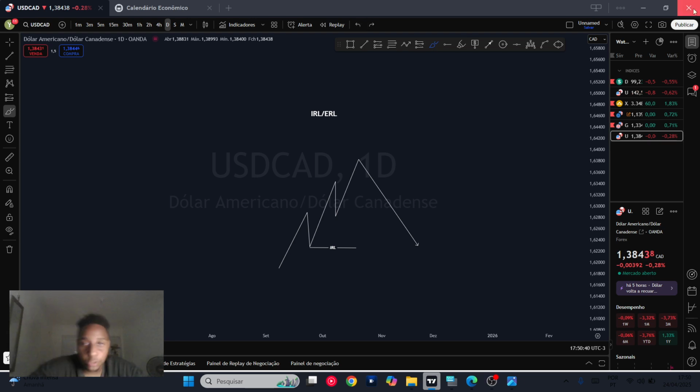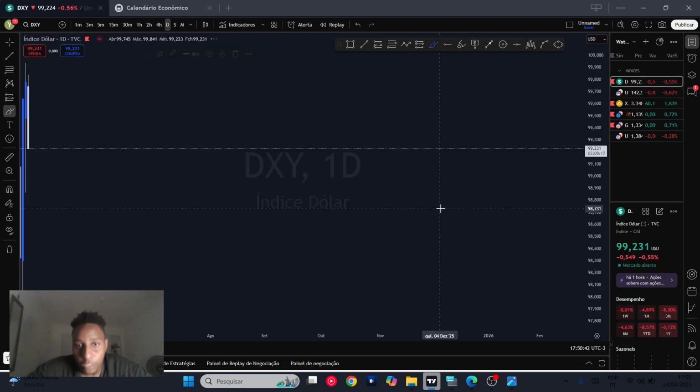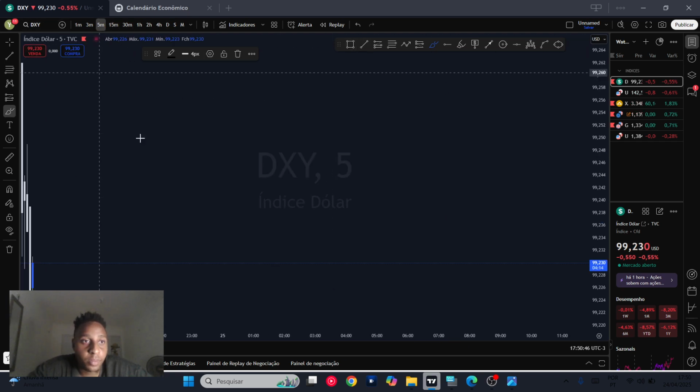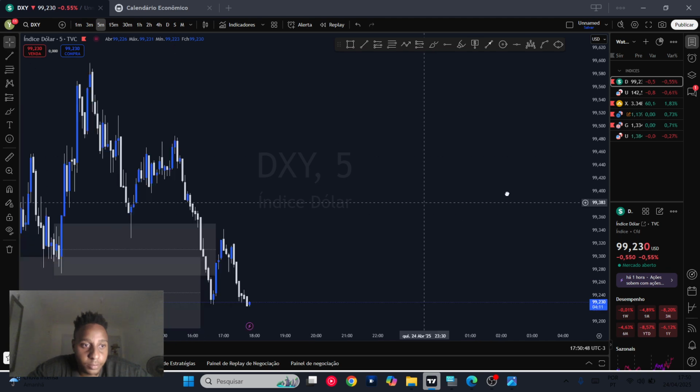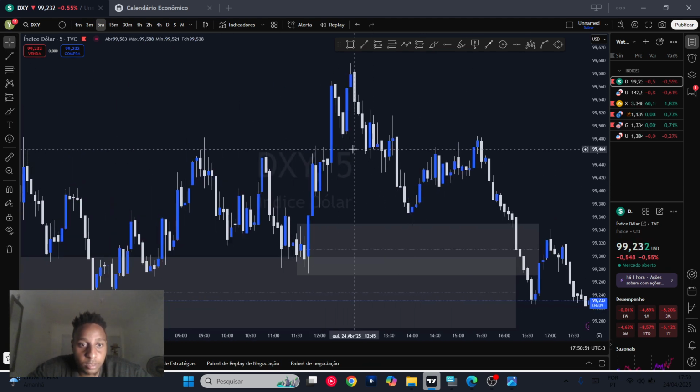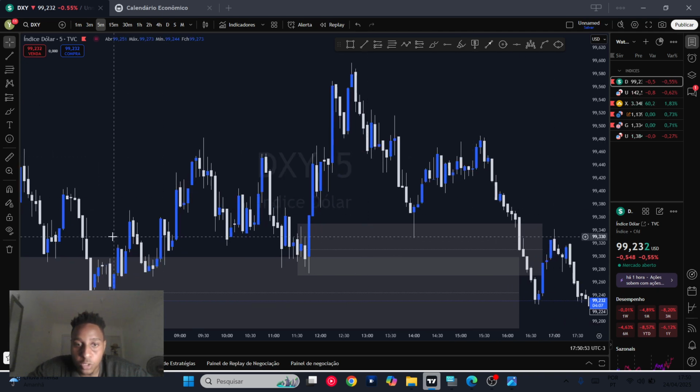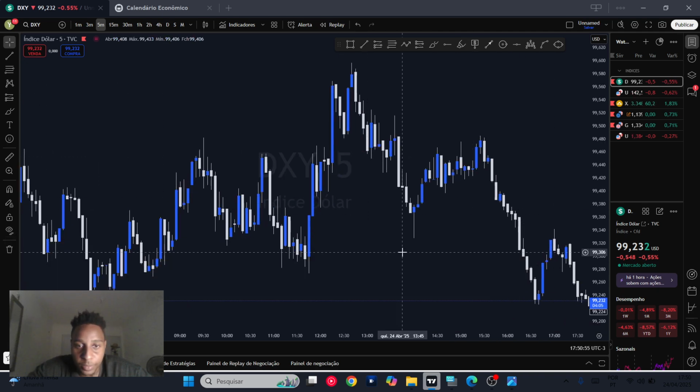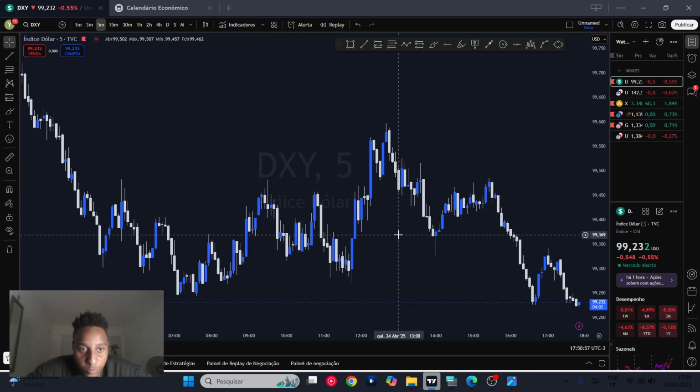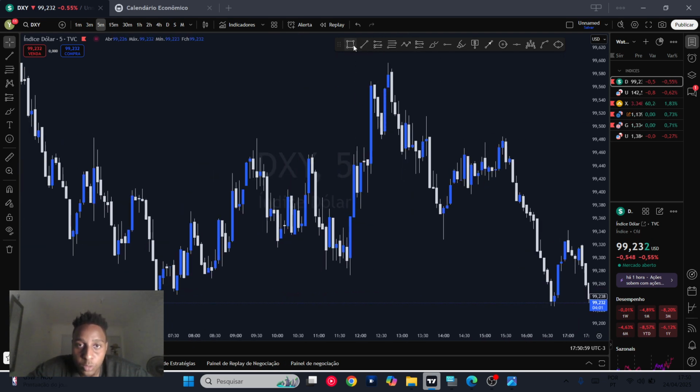Okay, good. Let me show you the chart. So USD, 5 minute time frame. Okay, let's spot internal range liquidity. So delete all this. Price here retraced.